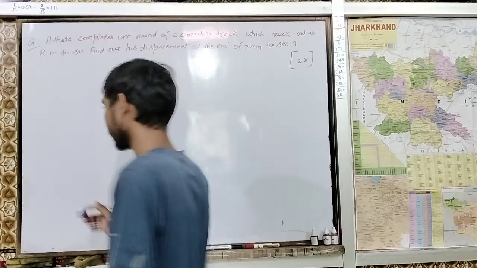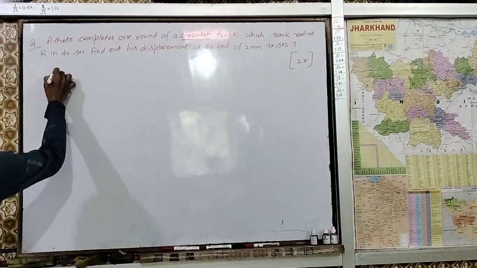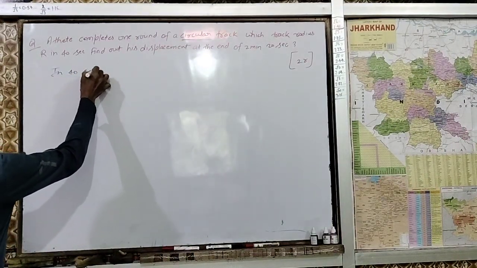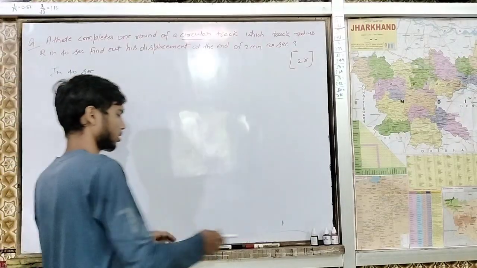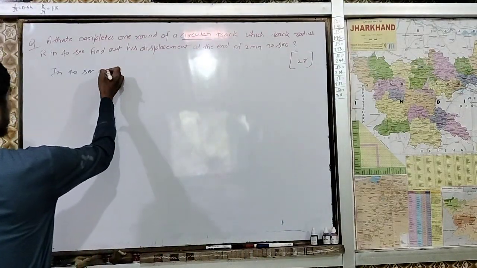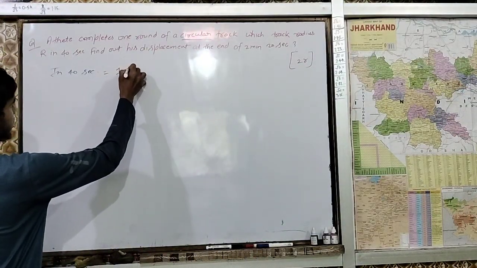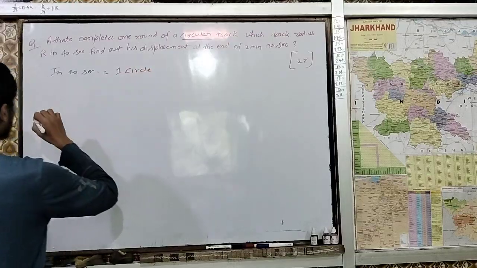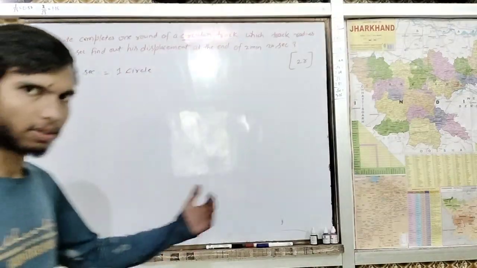What are you understanding? In 40 seconds, you can say this is one circle. It is given by the question.